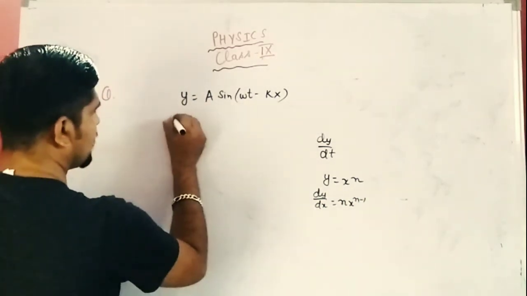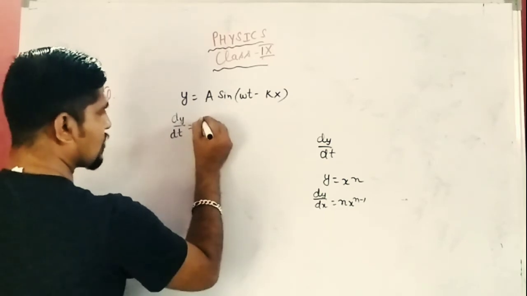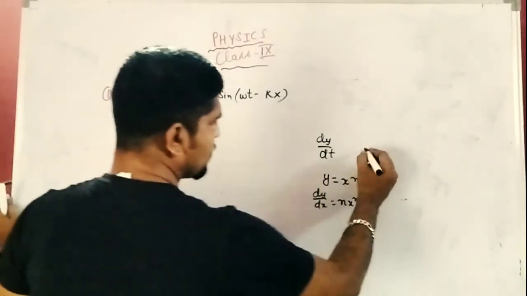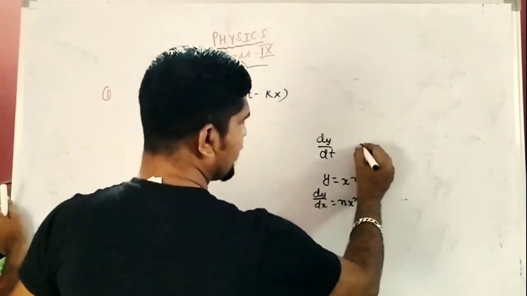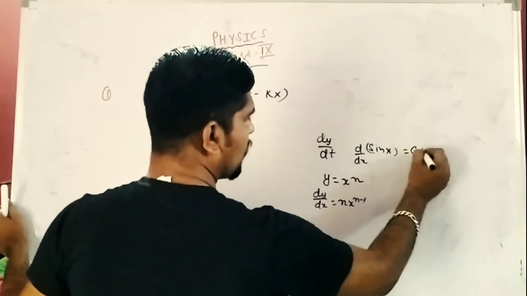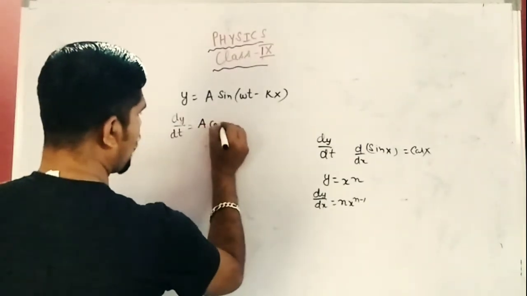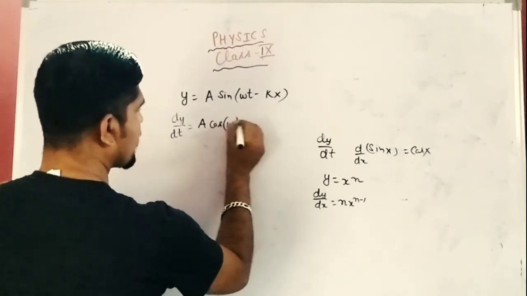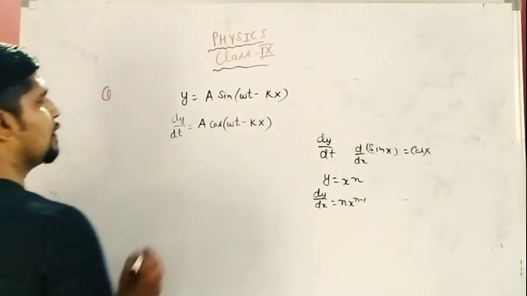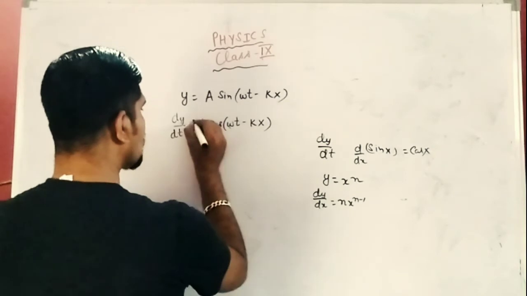So here dy by dt, a is a constant. We know that d by dx of sine x will be equal to cos x. So a cos omega t minus kx.